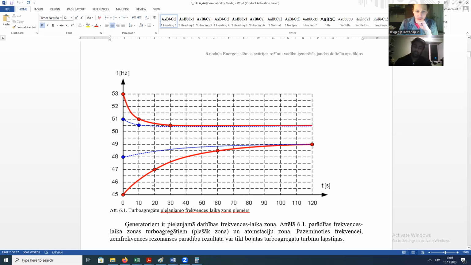So what does it mean? It means that if we have the frequency, for example, drop from 50 to 48 hertz, we have only 60 seconds to deal with this frequency drop.